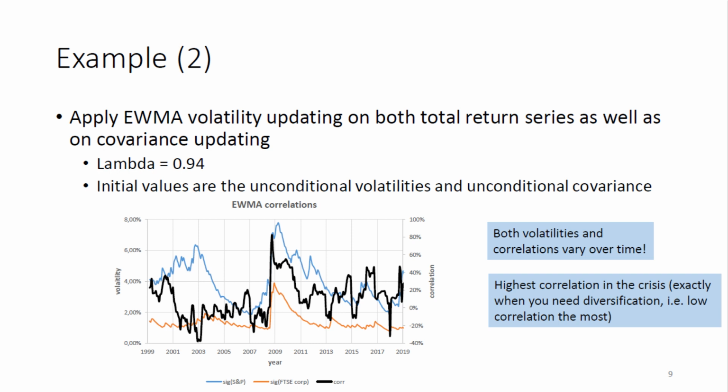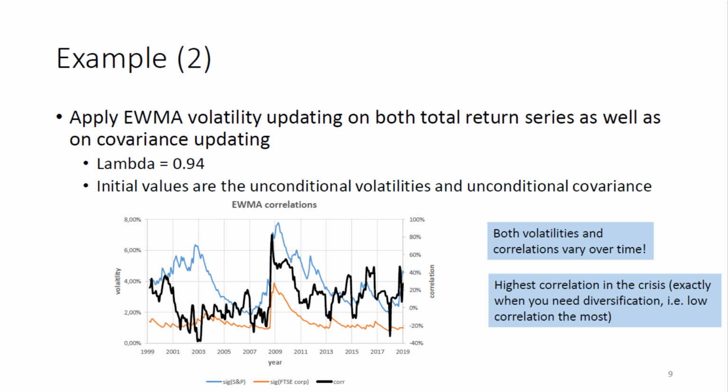And then exactly at the moment where you could use risk mitigation, where you could use the diversification benefit, you would like to have low correlations exactly at those moments. So in the crisis 2009, we see that the negative correlation between the two series is no longer there. Instead, we see that it spikes at 80%, so that exactly at that moment, the correlation is very positive and there is no risk mitigation between these series.